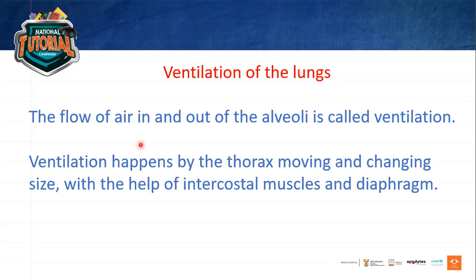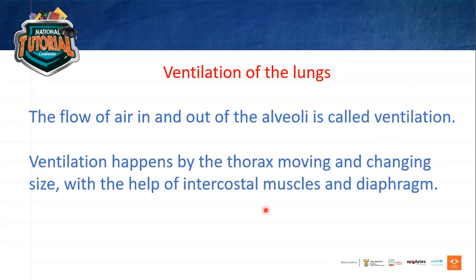So the flow of air in and out of the alveoli is what we call ventilation. If you get a test and you're asked, what is ventilation? You can easily answer, it is the flow of air in and out of the alveoli.